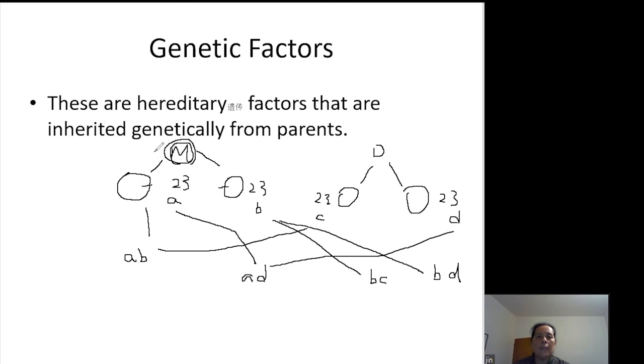If mom has a gene problem, we don't know which cell the gene goes to. If it goes to A, then with combination AC or AD, their children will be sick. But if the sick gene is in A, not in B, then BC and BD children will not be sick. That's what we're talking about for gene disorders in families.